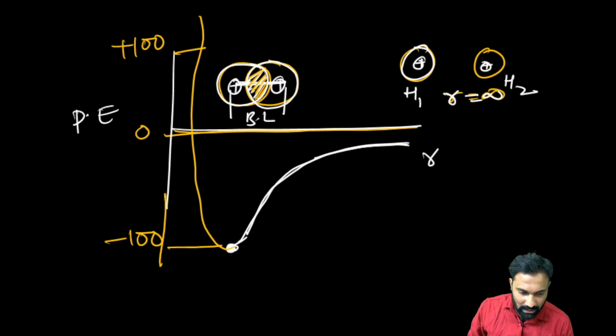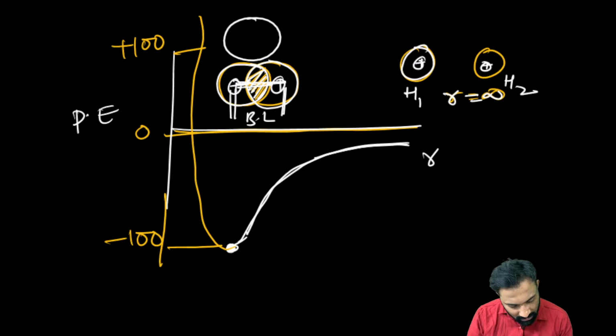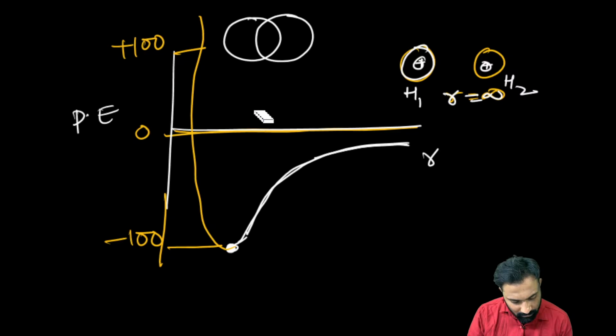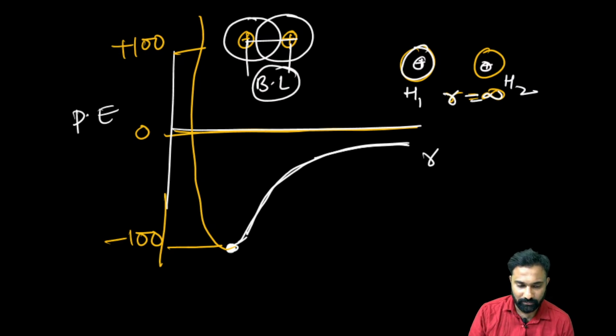Now, from this nucleus to this nucleus, the distance between the two hydrogen atoms when they have overlapped like this, we say it is the bond length. At this certain bond length only, these two hydrogen atoms form the bond, right?